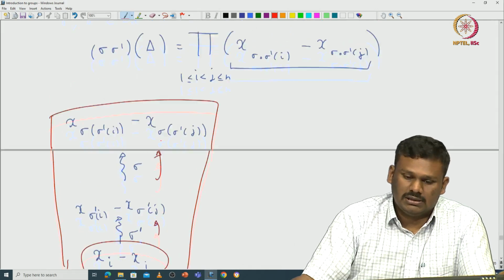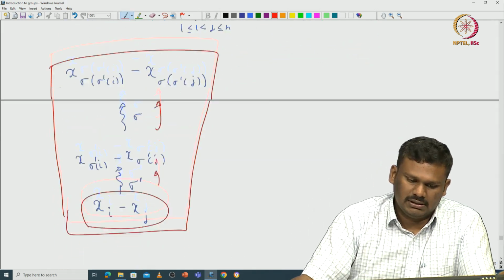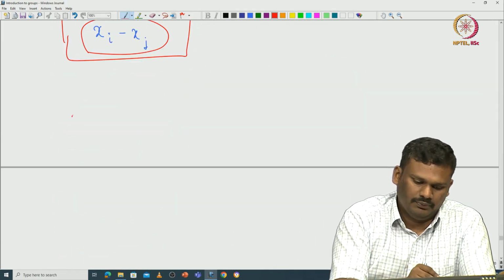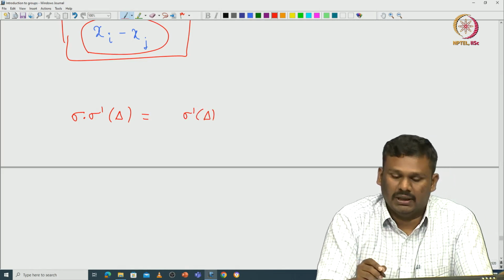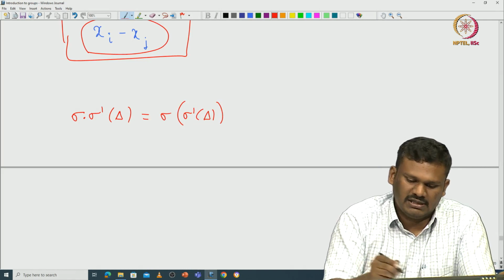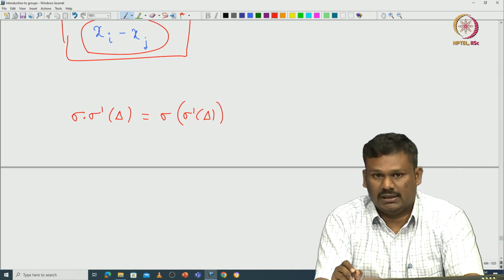That means sigma dash of delta can be obtained by first applying sigma dash to delta, and then applying sigma to that.